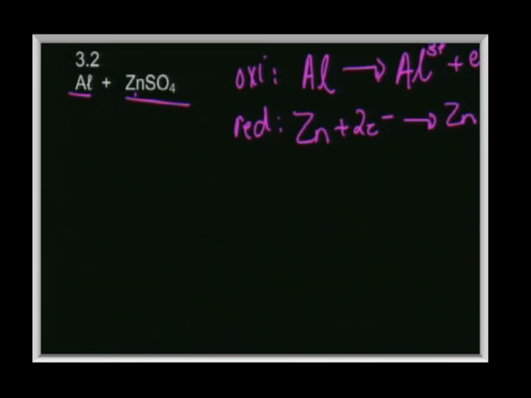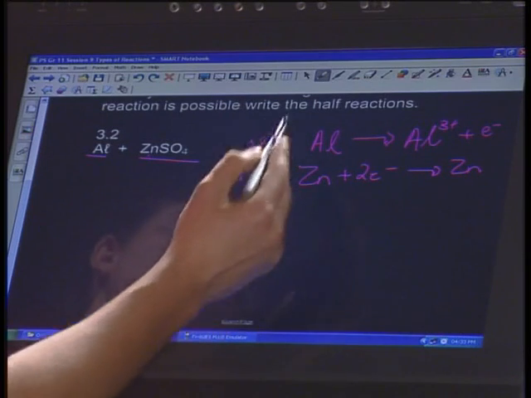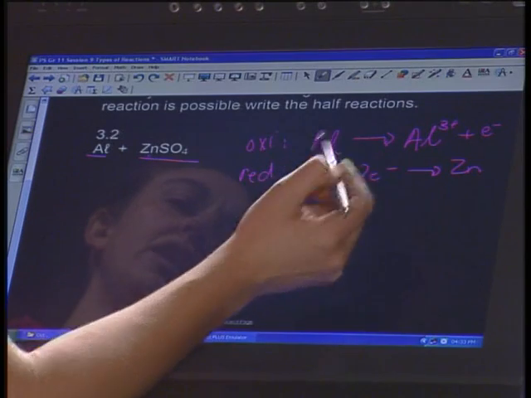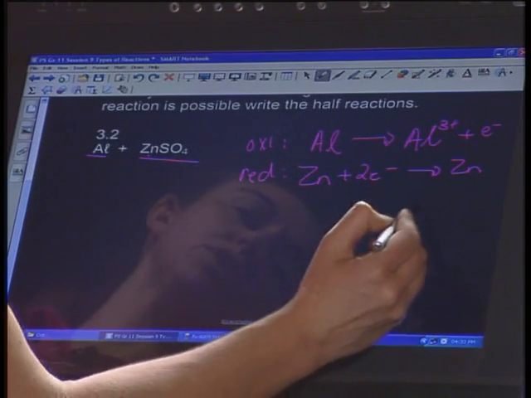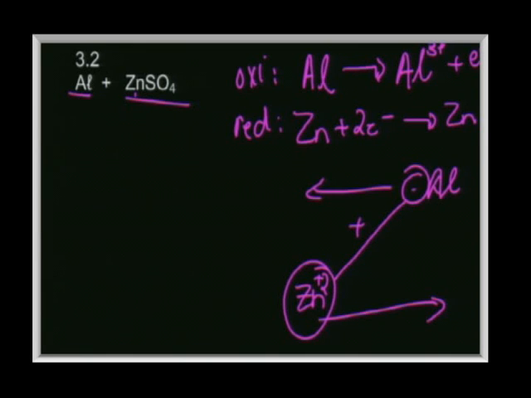So now that we've got our oxidation half reaction and our reduction half reaction, we will see that we started off with aluminium, and if that was on your reduction potential chart, your aluminium would have been at the top on the right-hand side, and your zinc would have been at the bottom on the left-hand side, giving us a spontaneous or a positive gradient, telling us that we have a spontaneous reaction. And therefore we know that over here a reaction does take place.